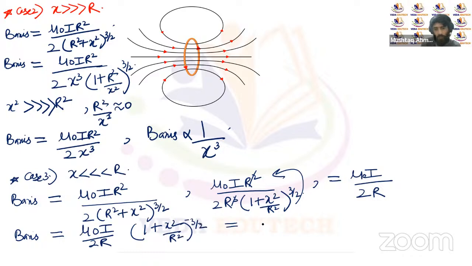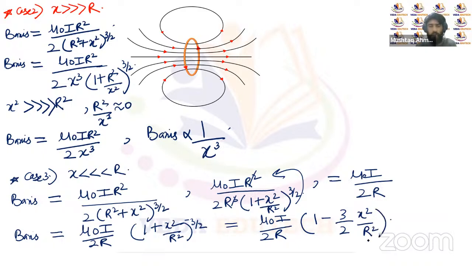Let's approximate it using a binomial approximation. We'll be left with 1 minus 3 upon 2 x square upon r square. So this will be the behavior of the magnetic field near the center.